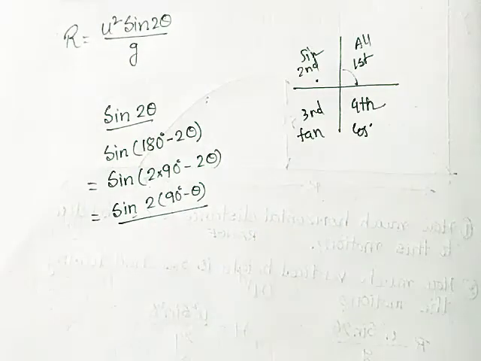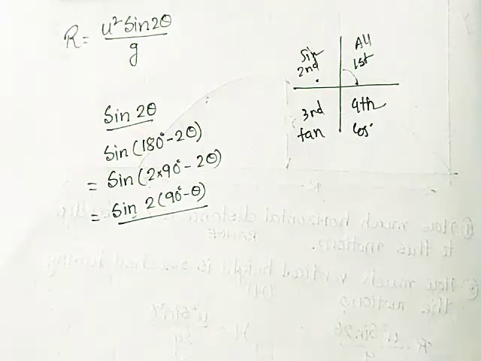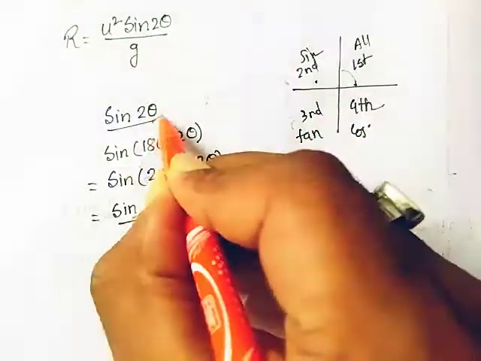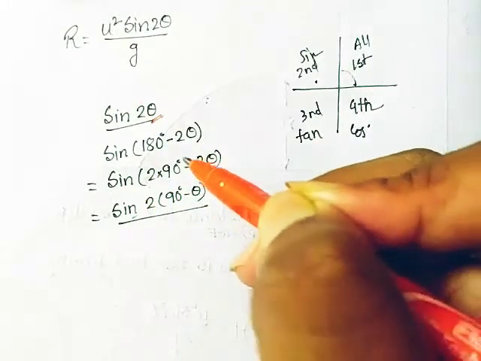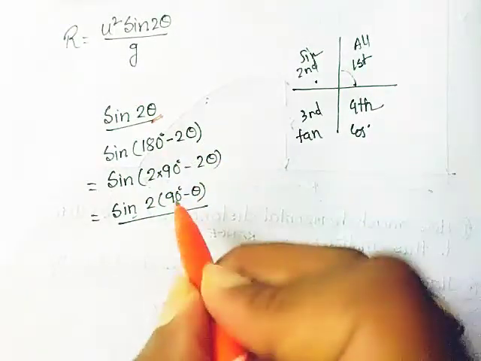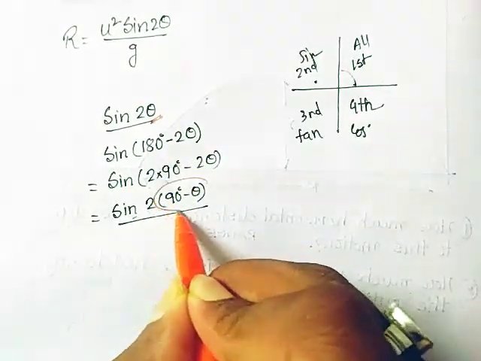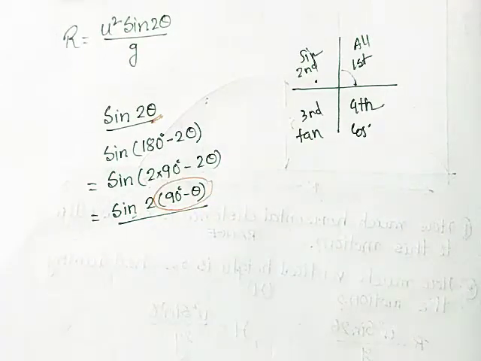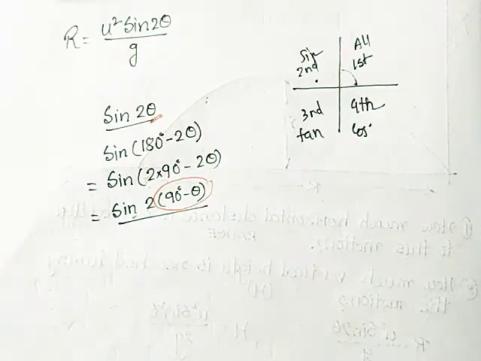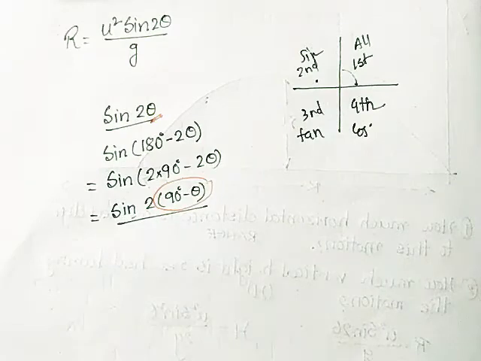Now just think about this. Now I try to apply the concept of physics here. What is theta? Theta is the angle of projection. And what is 90 degree minus theta? It is the complementary angle of projection, because theta plus 90 degree minus theta equals 90 degree.